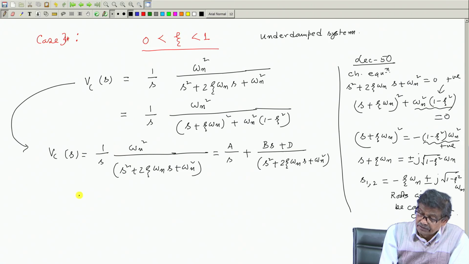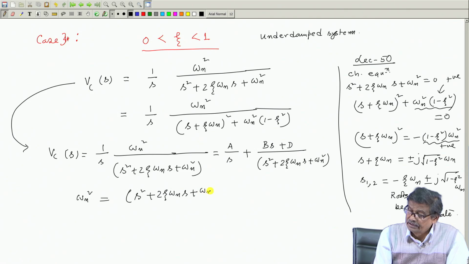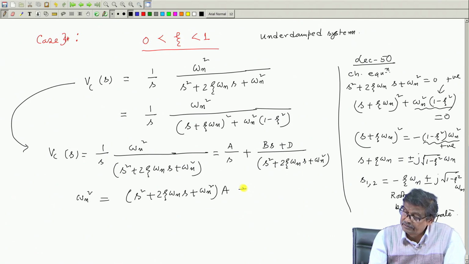So, I will write omega_n square is equal to, multiplying this out, (s square plus 2 zeta omega_n s plus omega_n square) into A, plus s into (B s plus D).